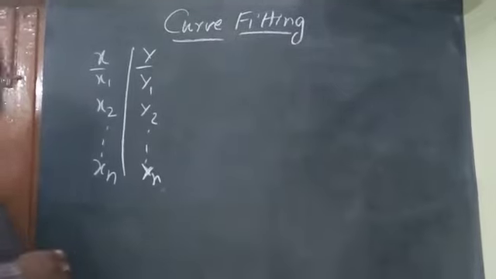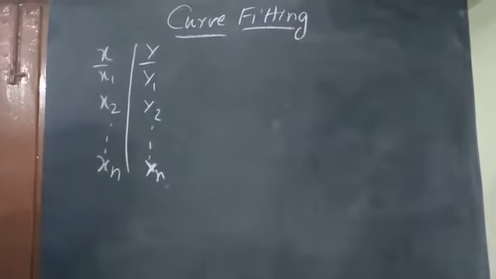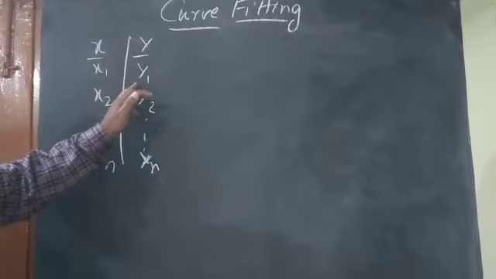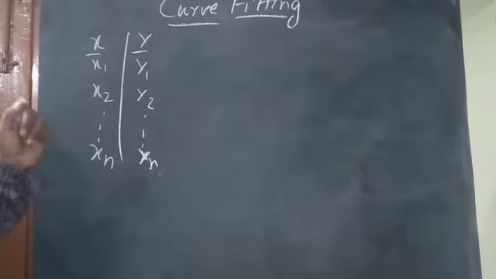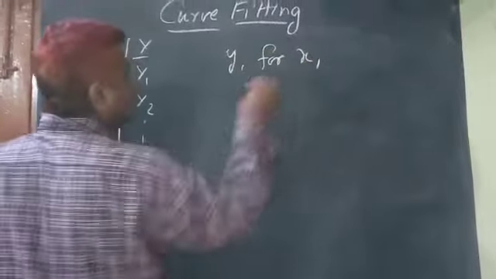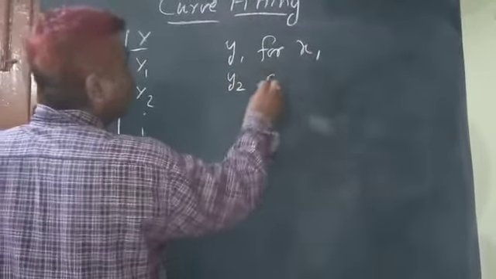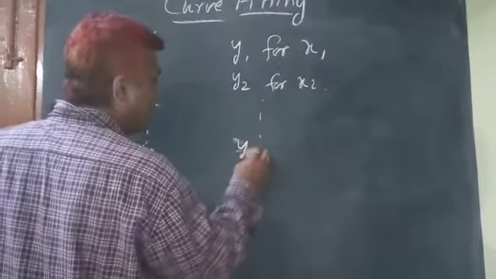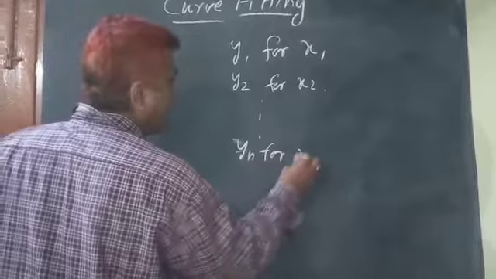We are trying to find an equation which will give y1 for x1, y2 for x2, and similarly yn for xn.